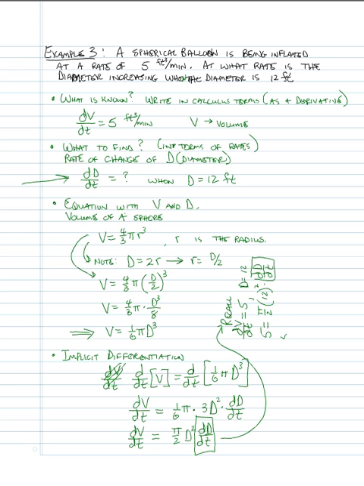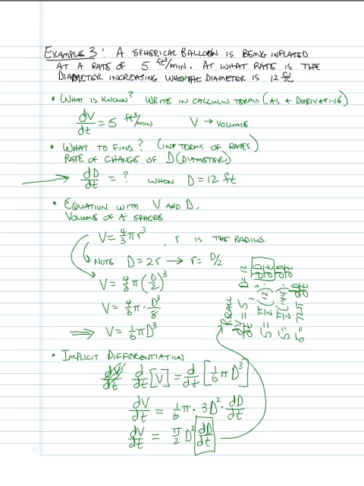And so we just need to do a few calculations here. Of course, 12 squared is 144. So we get 144 here times the derivative of D with respect to t. So we have 5 is equal to pi over 2 times 144, which is 72 pi, times the derivative of D with respect to t, isn't it?